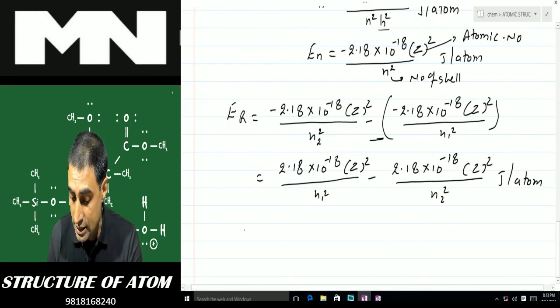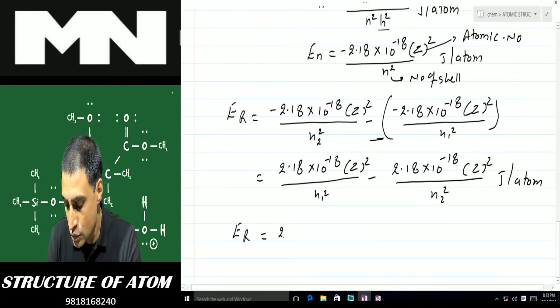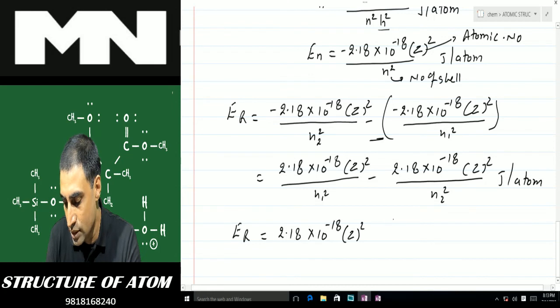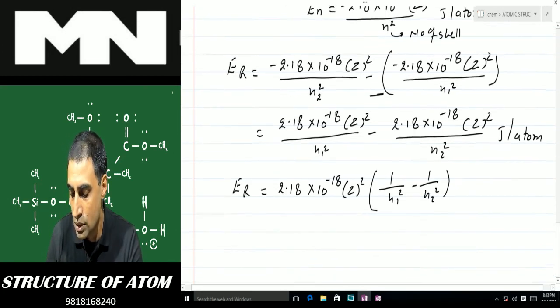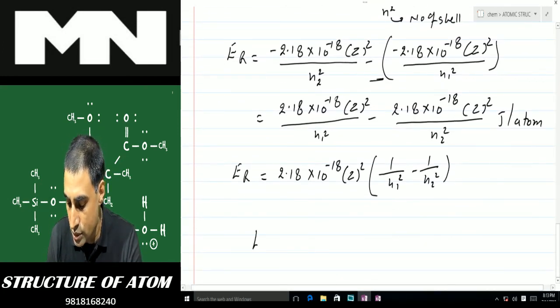Now I'll take out the common terms. So energy of radiation is 2.18 into 10 to the power minus 18 into z square into 1 upon n1 square minus 1 upon n2 square. The final formula comes out.